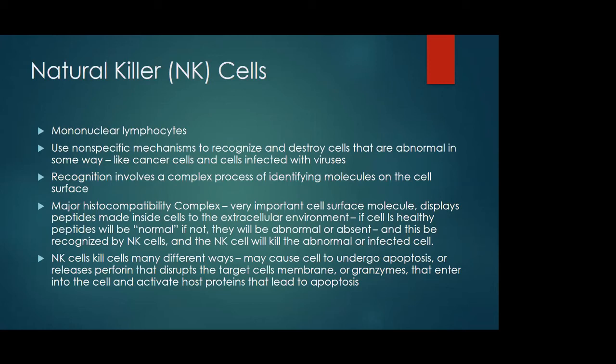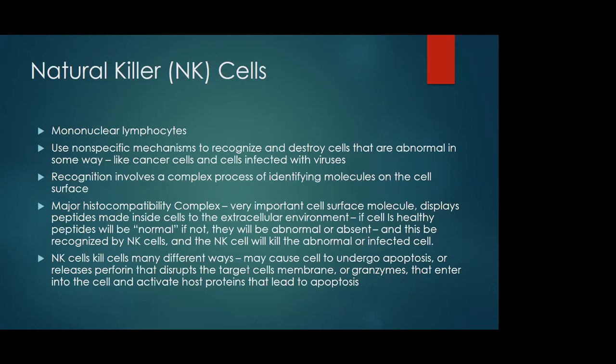Recognition involves identifying very specific molecules on the cell surface called major histocompatibility complexes. Major histocompatibility complexes, or MHCs, are a group of proteins on the surface of a cell that display little chunks of protein, or peptides, of things inside the cell. Usually there are proteins being synthesized inside the cell.